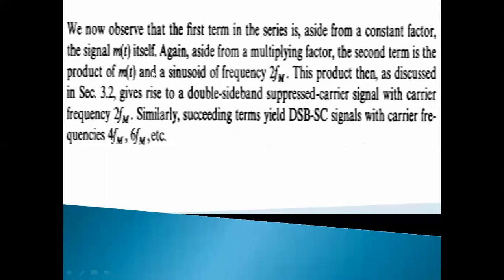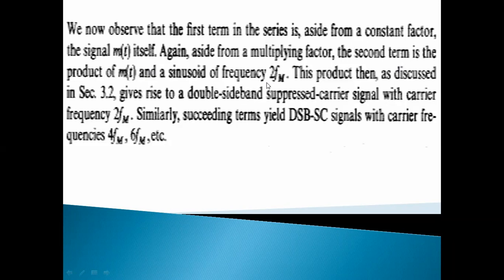Now we observe that the first term in the series, aside from the constant factor, is the signal M of t itself. Again, aside from the multiplying factor, the second term is the product of M of t and a sinusoid of frequency 2fm.